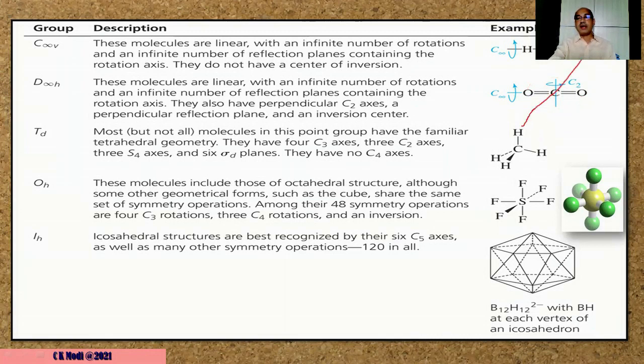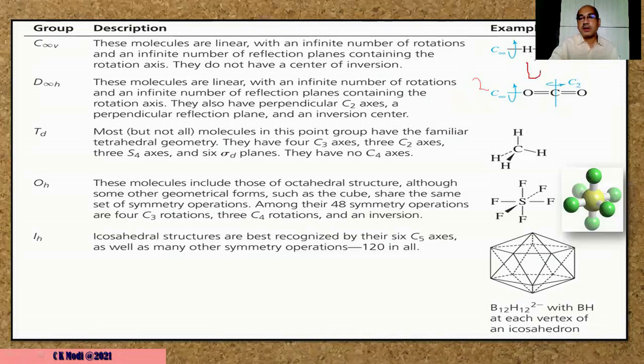If I pass the imaginary axis through the center of the molecule on the y-axis, and rotate it, what will happen? This oxygen comes over here and this oxygen comes over here. So the third C2 is present. So C infinite is present plus two C2s are also present. When C infinite is present along with two C2s, then the point group is C infinite plus 2C2.